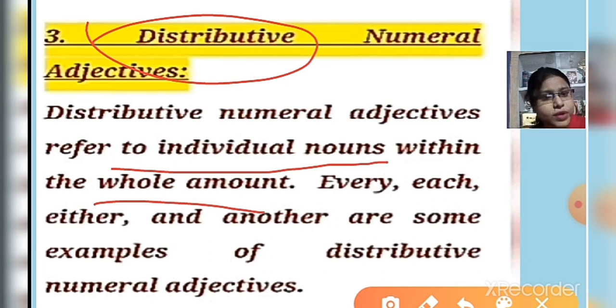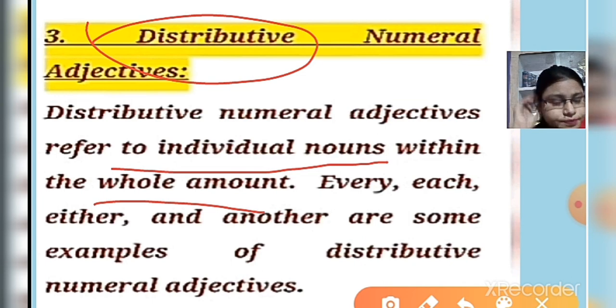Okay, if there are 10 students, it is always used individually for each of the 10. Clear? Like, every student is bright. If there are 10 students in the class, then every student is a bright student. So here, within the whole amount, we are talking about each individual. Clear? So distributive numeral adjectives are those adjectives that always refer to individual nouns within the whole amount.